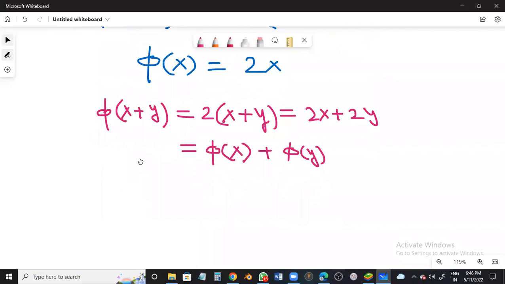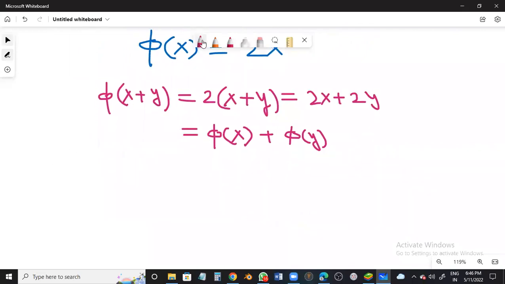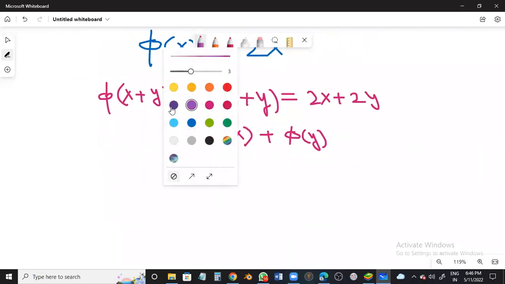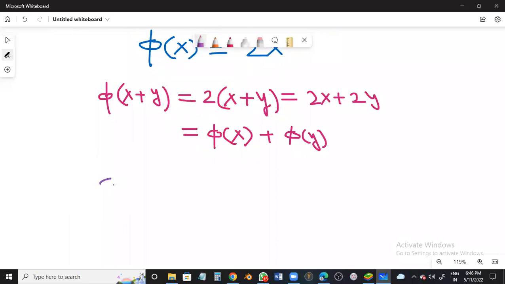Now, does this phi preserve multiplication? I have phi of x into y. I know whatever I input is getting doubled, so the output is going to be twice xy.